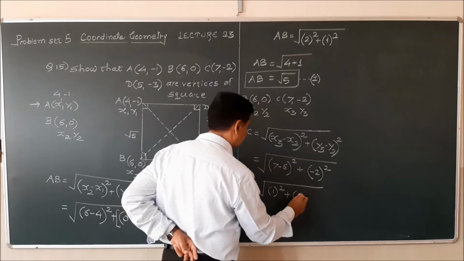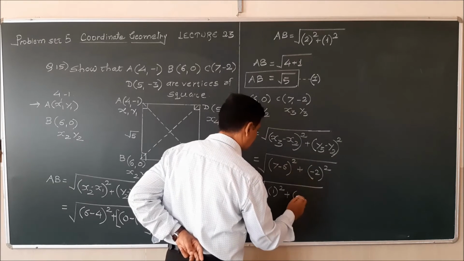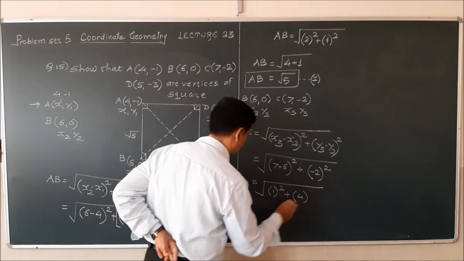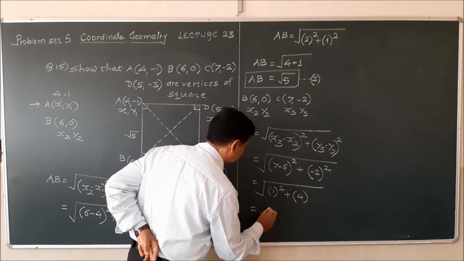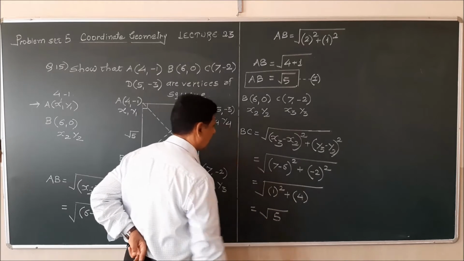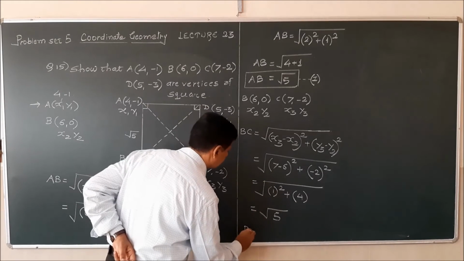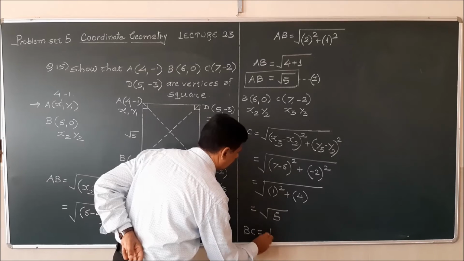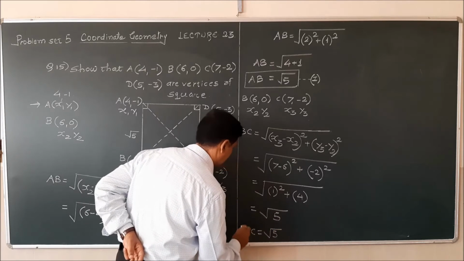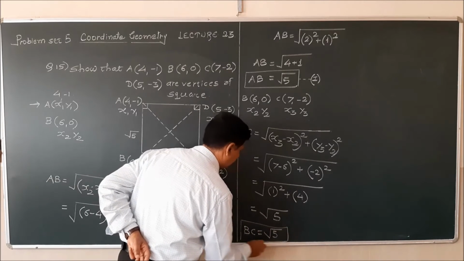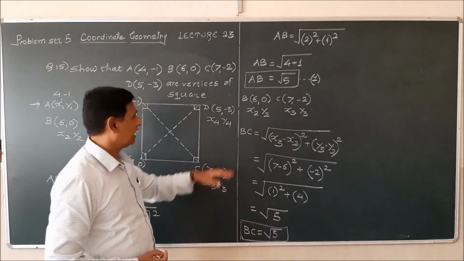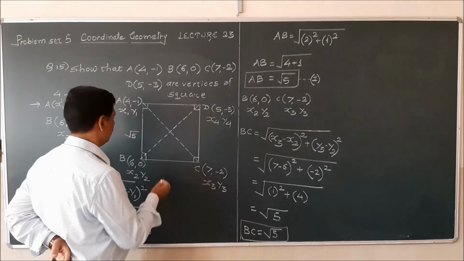Square of any negative number you all know, that is minus 2 square is 4. So you will get 1 square is 1 plus 4, that is 5. So BC is also equal to root 5. Now I have obtained AB as root 5, BC as root 5.